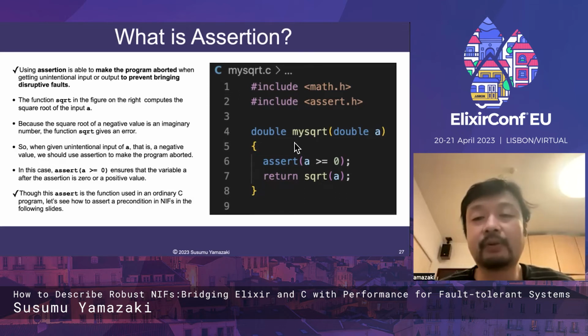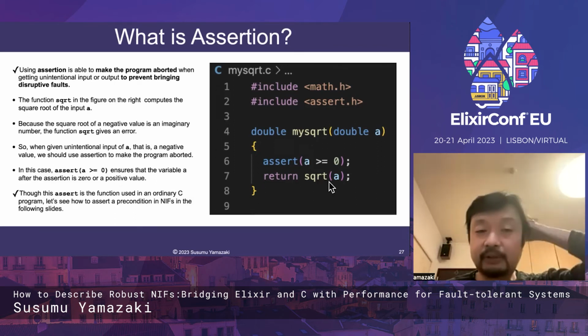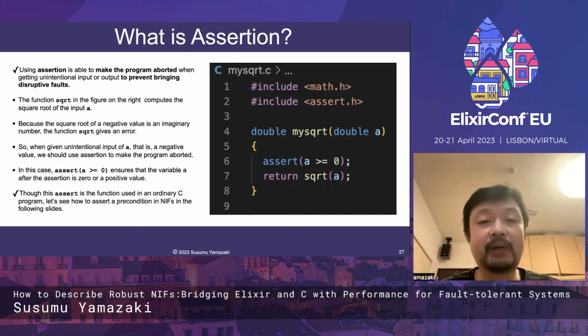The function squared in the figure on the right computes the square root of the input A. Because the square root of a negative value is an imaginary number, the function gives an error. So when given an unintentional input A that is a negative value, we should use an assertion to make the program abort.